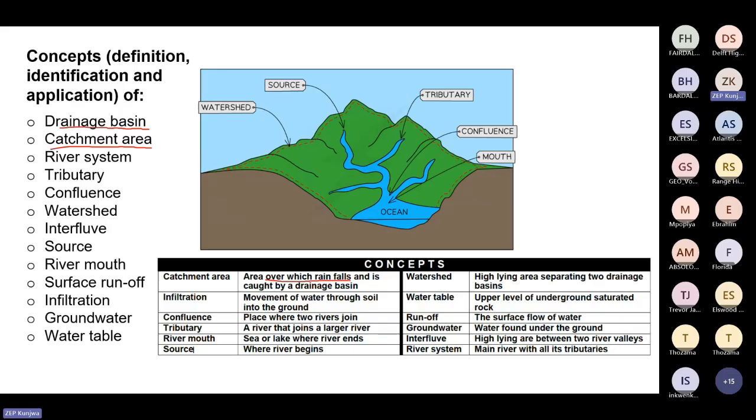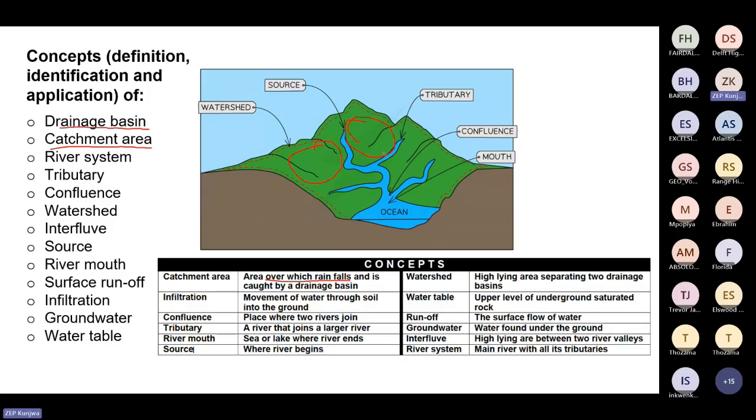However, the definition of catchment area focuses on the area that receives rainfall, that catches rainfall when it's raining. The rain is going to be falling all over the area, and then this rain is going to go straight to the river. So the area is drained by the river, which brings us the drainage basin. So basically, it is the same area.